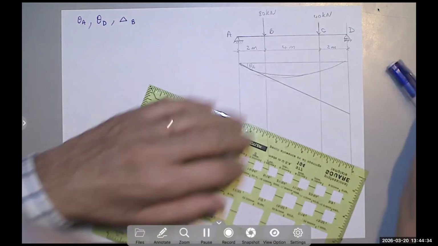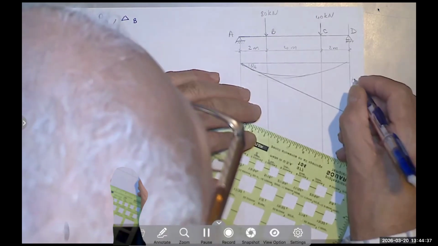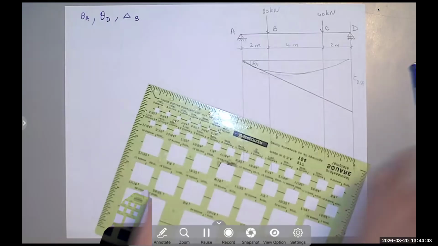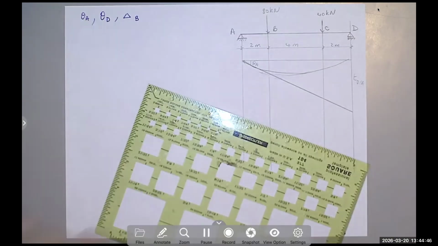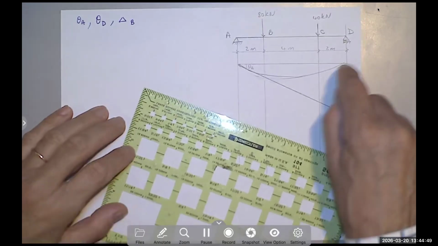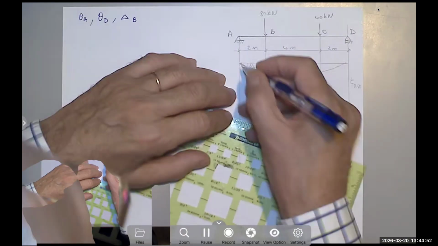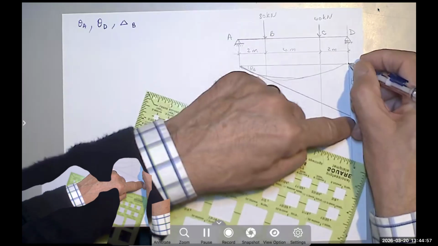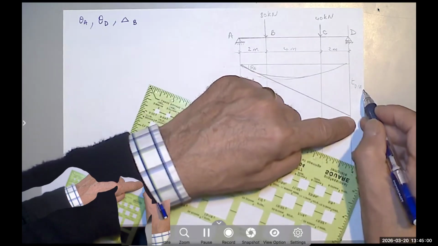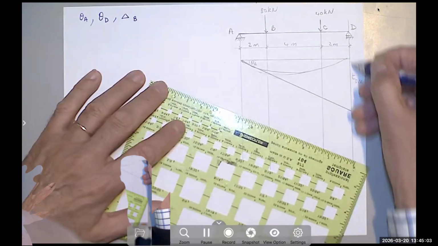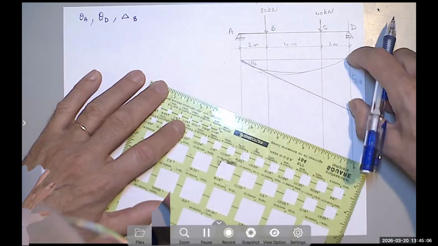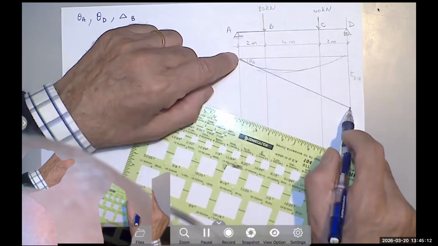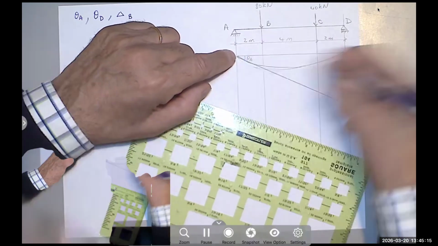So we are going to call that T D with respect to A. T here is the deviation of the point on the elastic curve with respect to the tangent at A. That is how deviated this point D on the elastic curve is from the tangent.